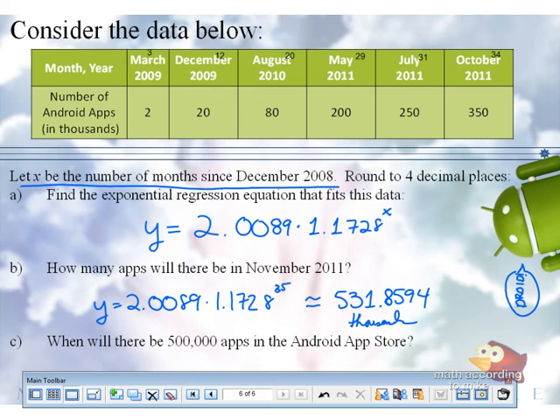All right. Part C, when will there be 500,000 apps in the Android App Store? Well, this problem is sort of bunk now because someone didn't check Part B's answer, this guy. So let's change that. Instead of 500,000, let's change it to 1,000,000.